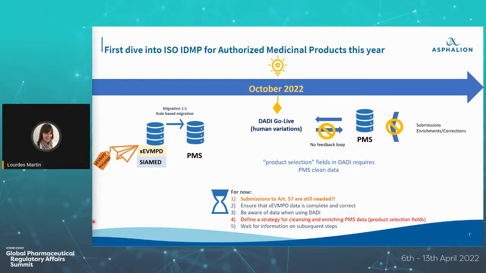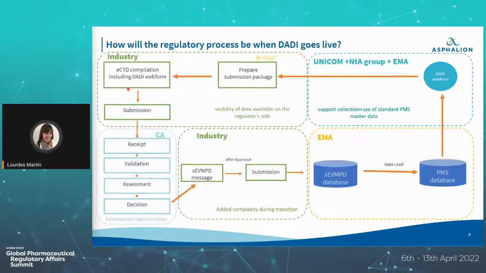So if we look a little bit further at this from a process perspective, and we take into account that DADI goes live for variations only, we can look at this overview. How will the regulatory process be when DADI goes live?